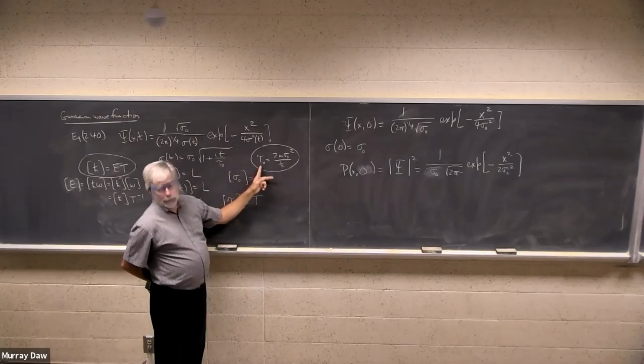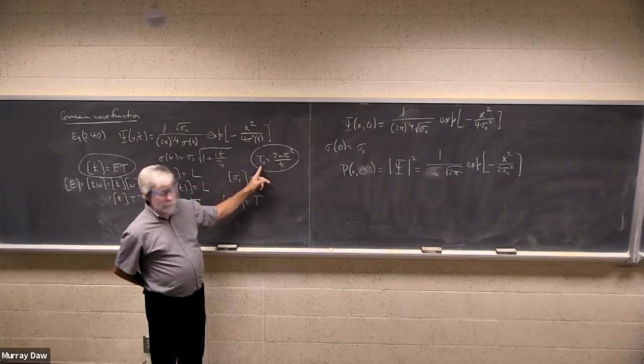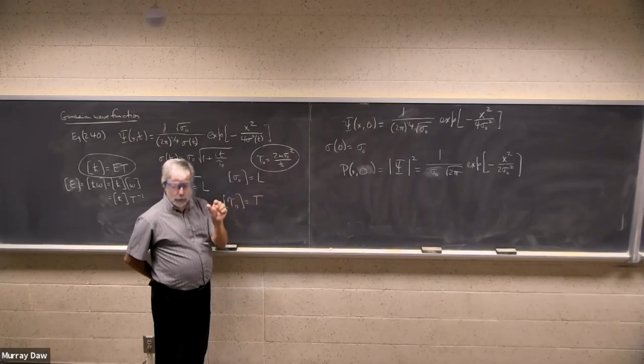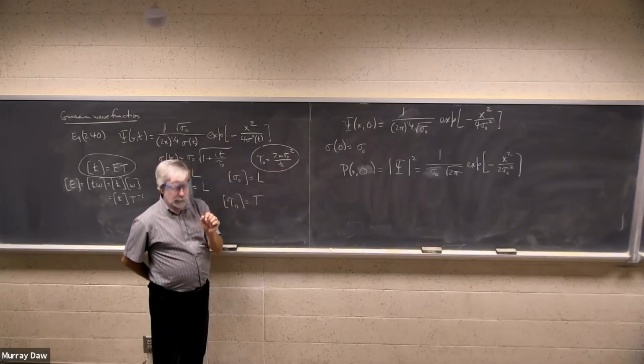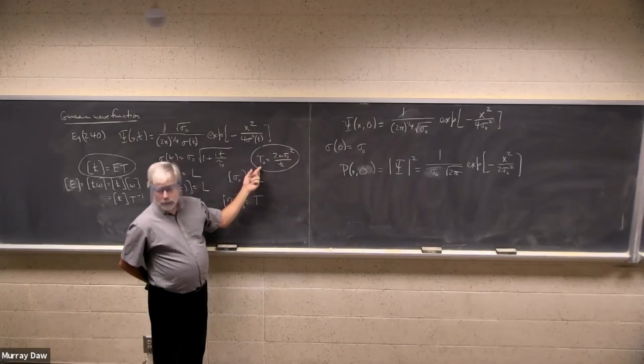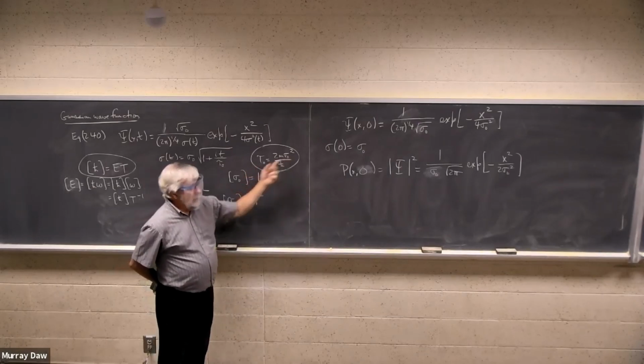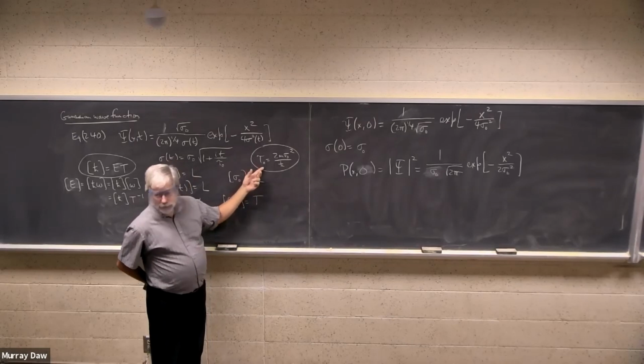And this time parameter, tau naught, depends on that width. So the narrower the distribution is initially, the shorter this time is. The wider the distribution, the longer this time is.